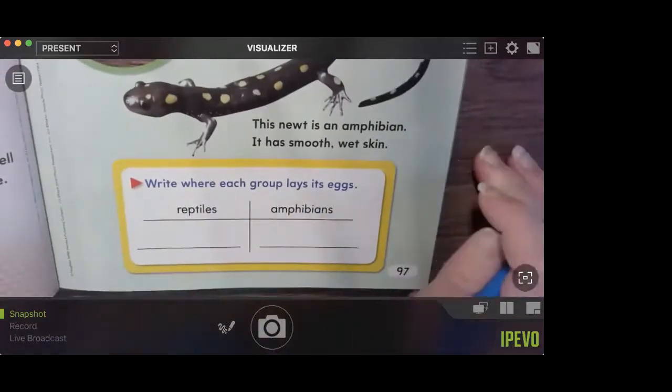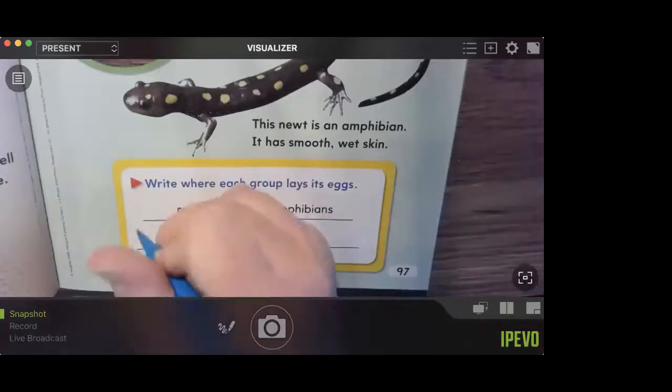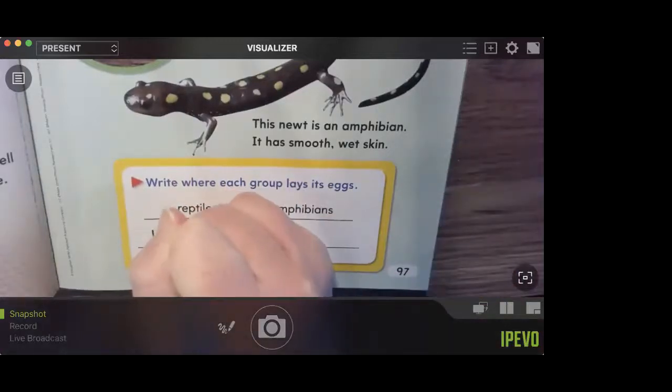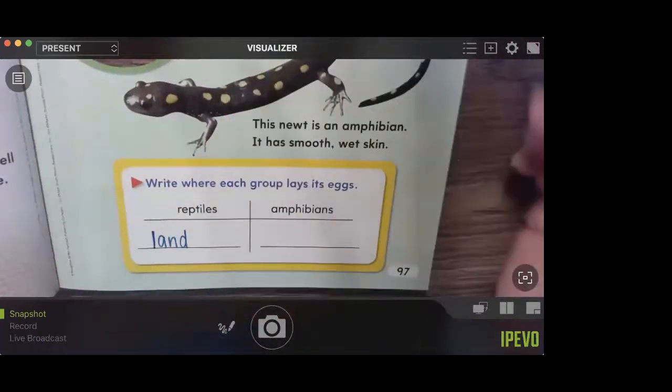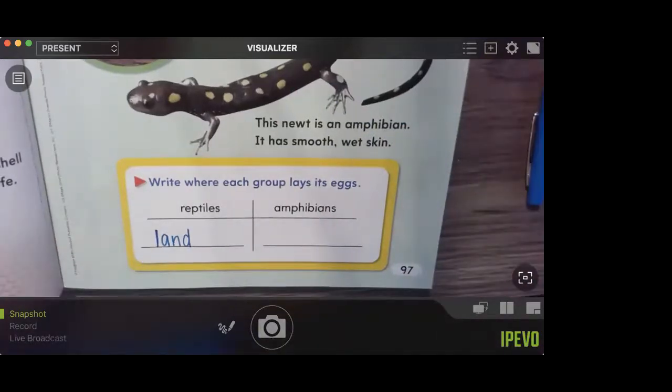So reptiles. Most reptile mothers lay eggs on land. And then this is really cool. I think this is really cool. So reptiles mostly live on land, but some of them can go in and out of water, okay?